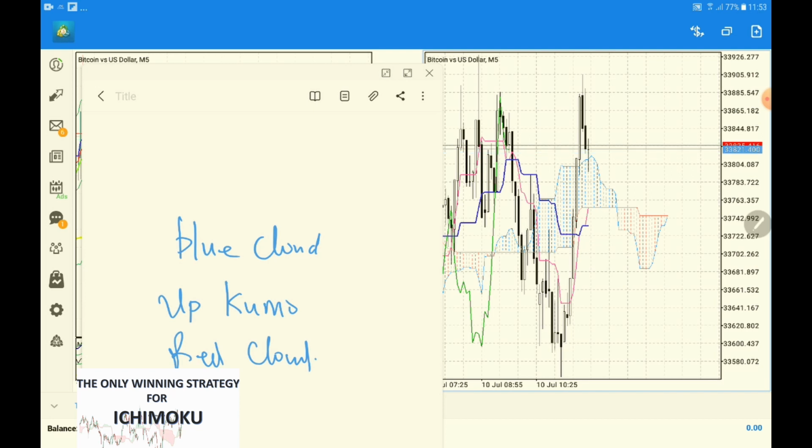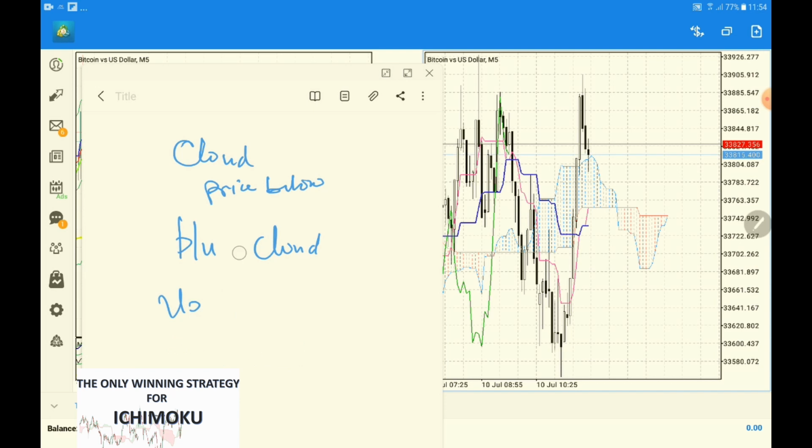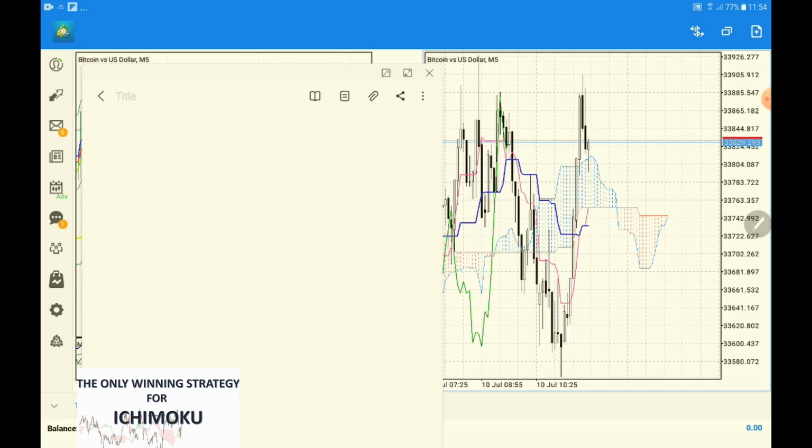Or to make it simple, you sell when price is below the cloud, and then we buy when price is above the cloud. Good. But before you buy, this is what I want you to take note of.